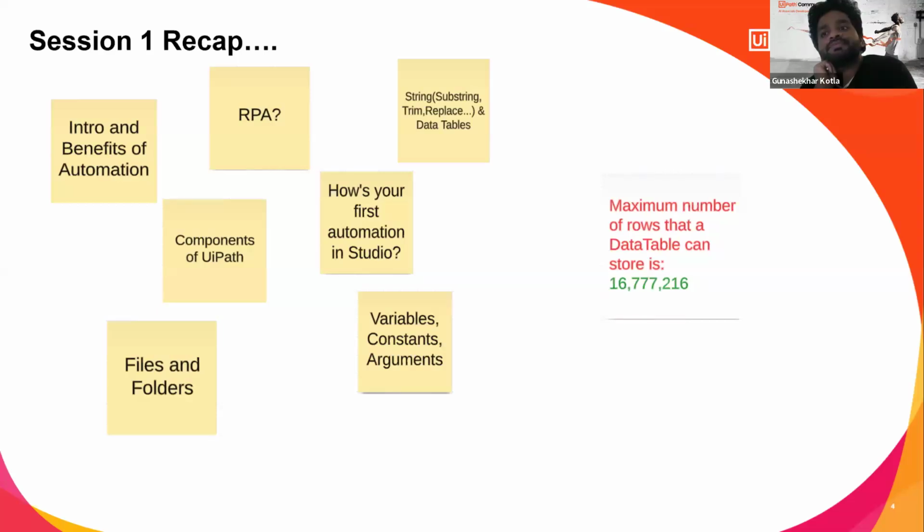And we also learned, yes, go ahead, Guna. Yeah, we also learned how to build your first automation in UiPath Studio, one of the main components of UiPath. In Studio, you might have seen how to create variables, arguments, and constants, and the differences between those, and how to manage strings and data types like data tables. I think the data table is one of the important and beautiful things, where you can build it or generate it from different sources.